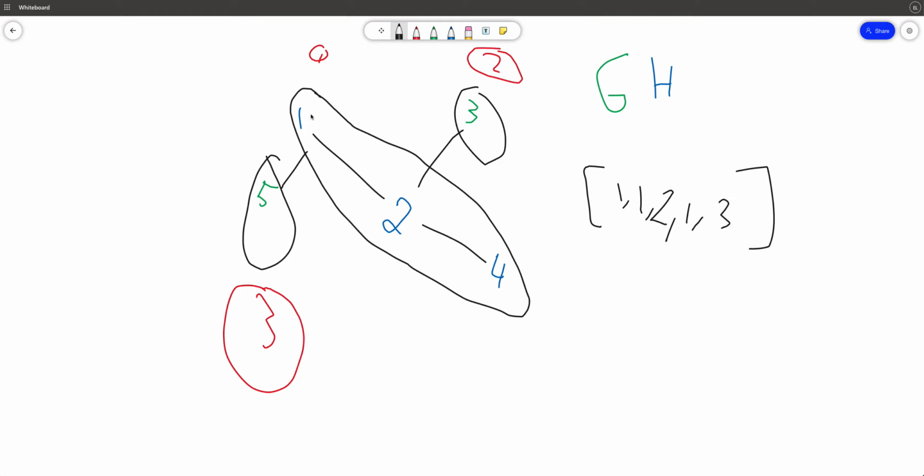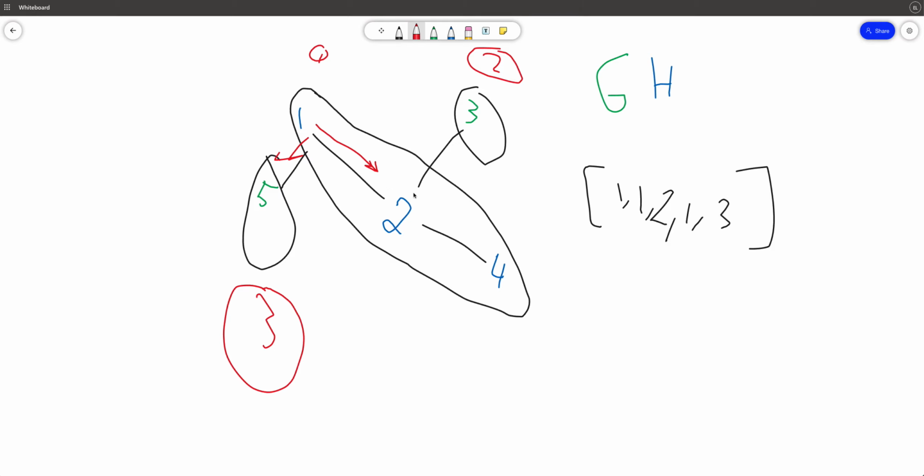I'll try to simulate it. We start with the first cow, and we're an H right here. Is this cow right here an H? No, it isn't, so we don't add it to our set. Now we go to its other child, 2, and ask, is this an H? Yes, it is, so we add it to our temporary set.